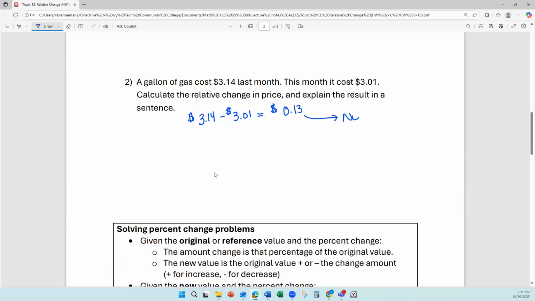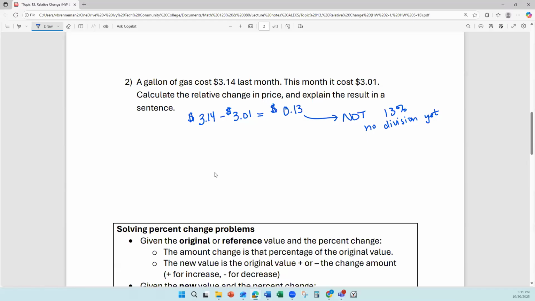That is not 13%. It's not a percentage if you haven't done a division step. To get the percentage, there has to be a division. This is still an amount of money. It's just saying it's 13 cents different.